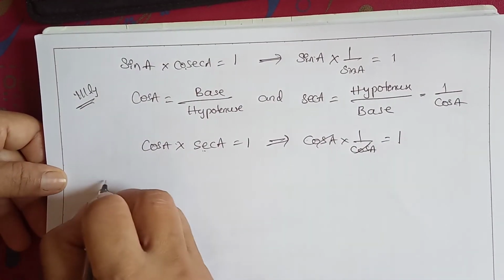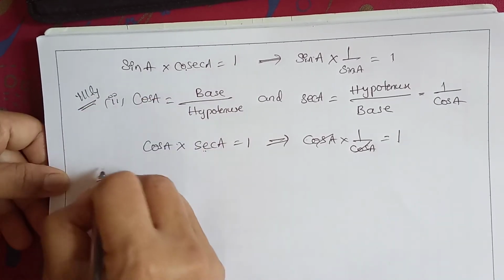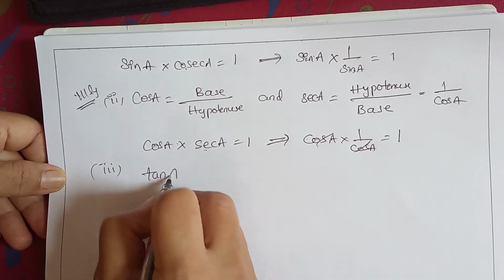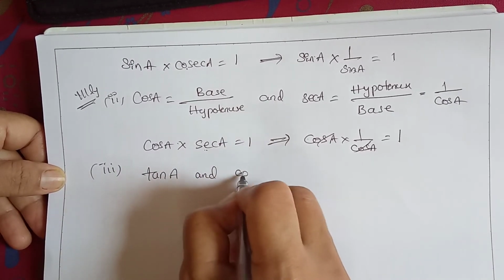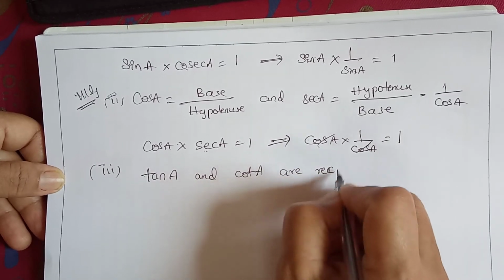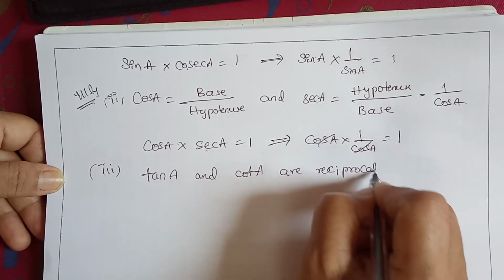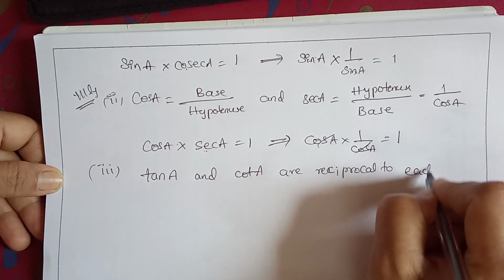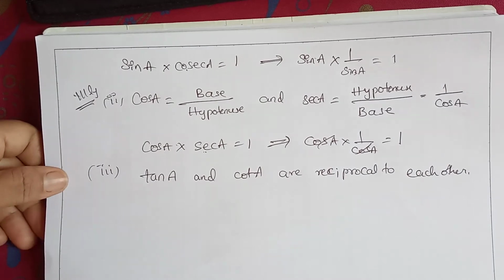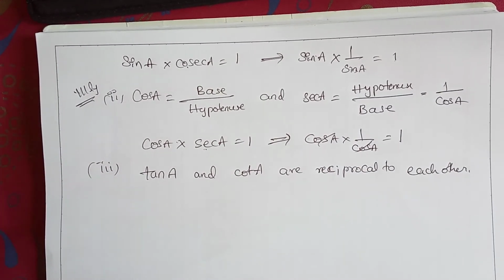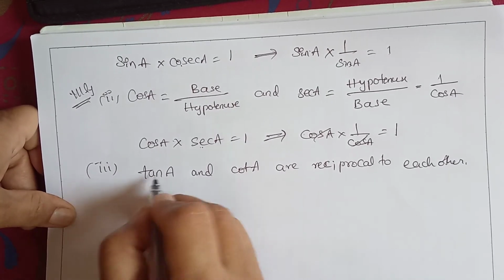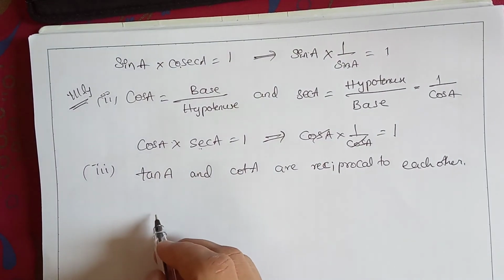Next one, this is the second one. Third one, what is third? Tan A and cot A are reciprocal to each other. Okay children, tan A and cot A are reciprocal to each other. Tan definition is perpendicular by base.